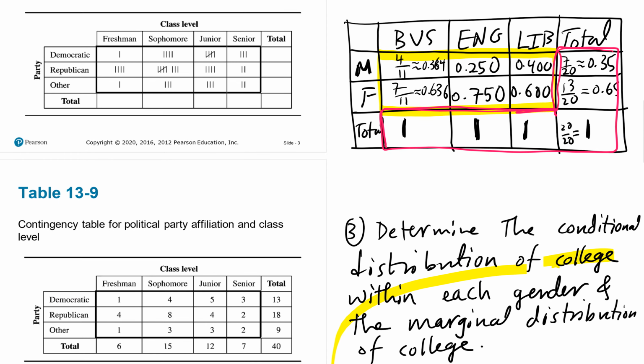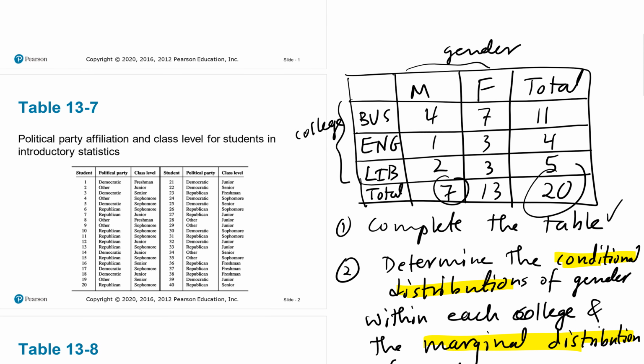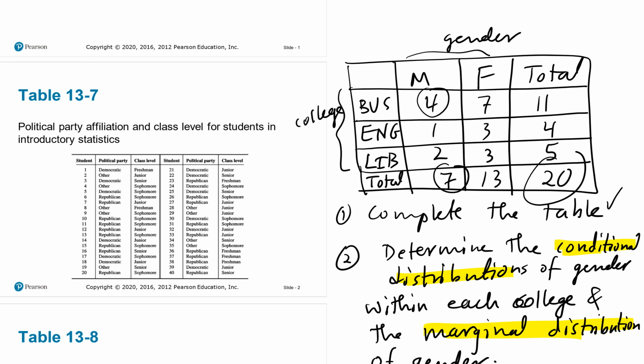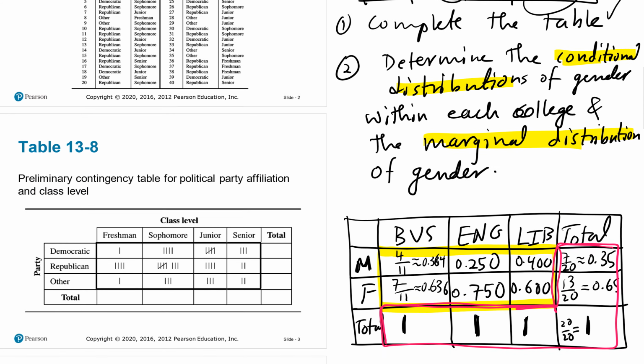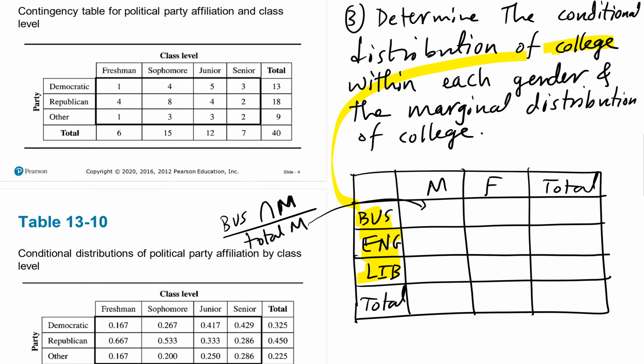So how many in the business and male in the original table? Here it's 4, and the total number of males is 7. So it's going to be 4 over 7, which gives us about 0.5. Let me write it below it: 0.571.